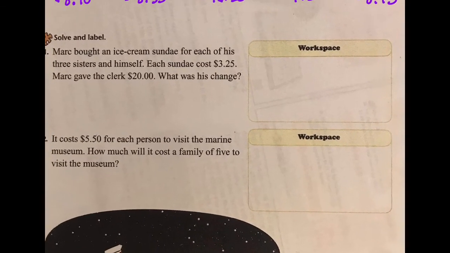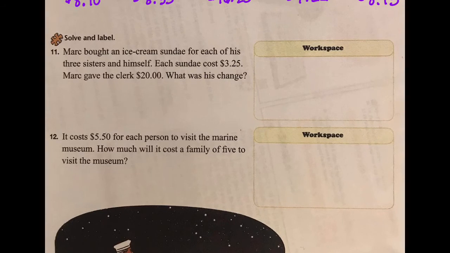Well, let's figure out. Each sundae cost $3.25. How many people were buying sundaes? Well, he had 3 sisters and himself. So how many is that? Times 4.